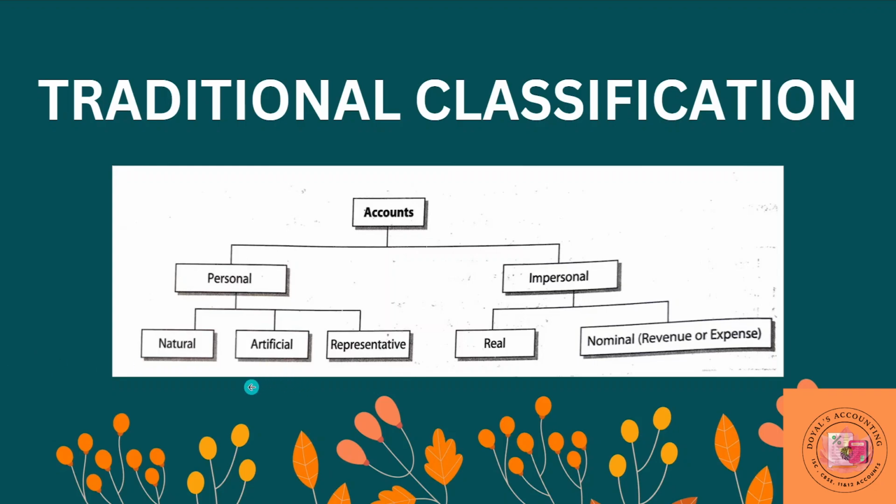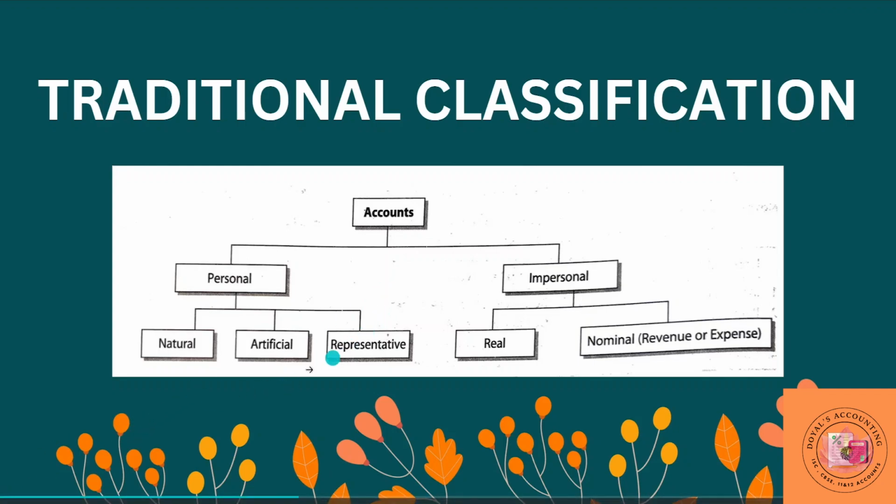Natural means people who are creations, they are in flesh and blood. So, accounts of those people are called natural personal accounts. For instance, we have a customer by the name of Shyam. Since that person is a real human being, he will be classified under a natural personal account.